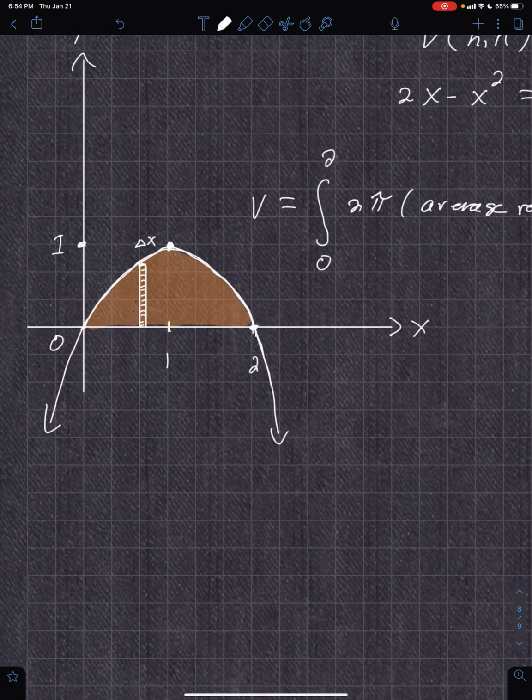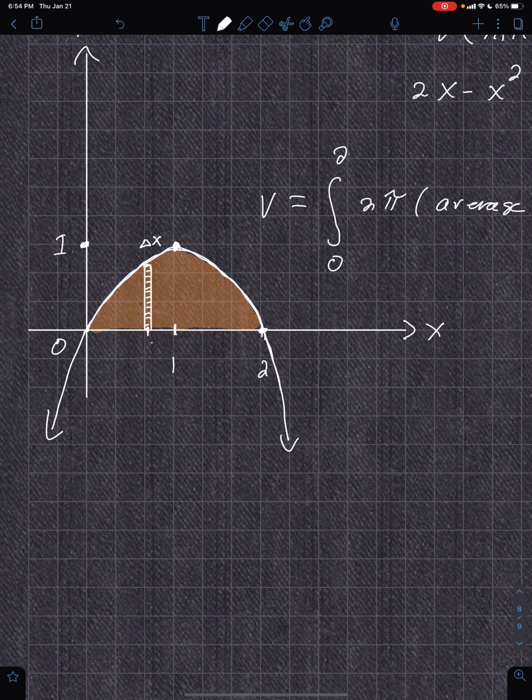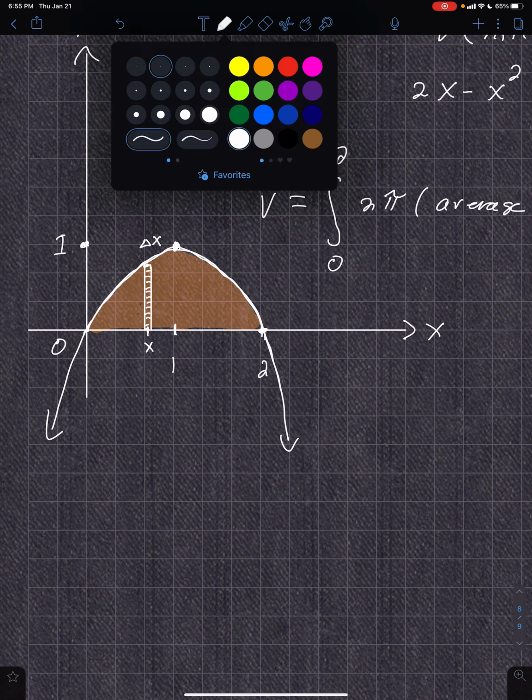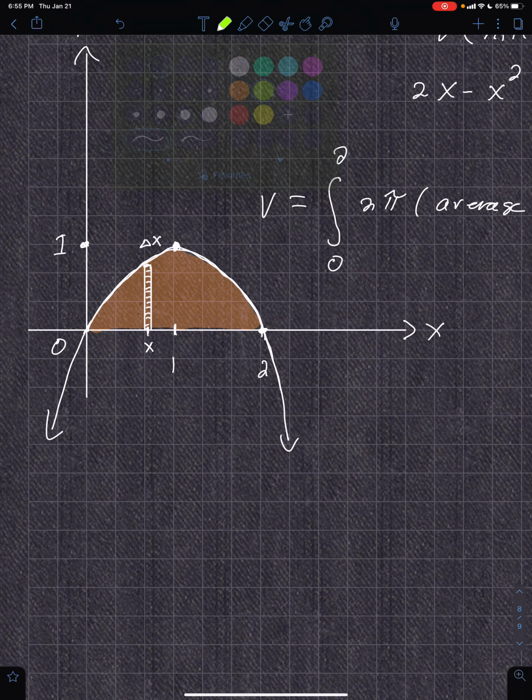This one's pretty straightforward. This one is just your x, because this is your distance here. That's your radius, or your average radius to that value x as you're revolving about that line. So there's your x.